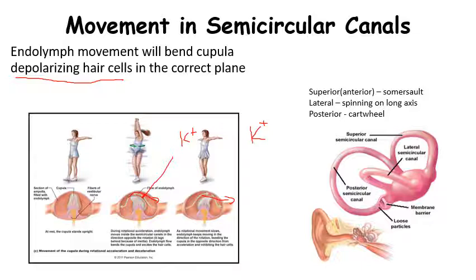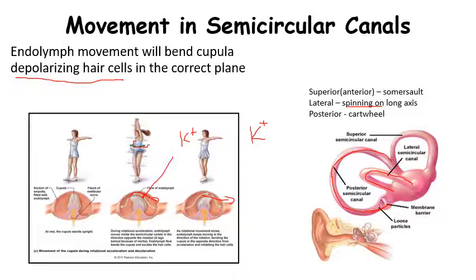And so when you do a spin on the long axis, like she's doing here, this pirouette, that would rotate the fluid in this semicircular canal. Okay, and then a cartwheel. You see the cartwheel is basically lined up vertically to the left-right direction. And if you do a cartwheel, that would spin the fluid or move the fluid in this semicircular canal.